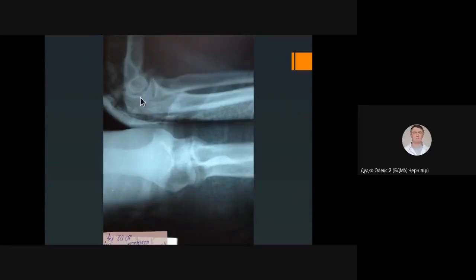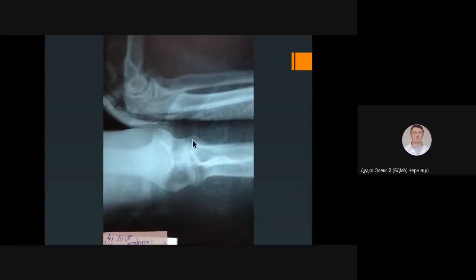So here is humeral condyle, here is olecranon. The head of radius is located on the level of the capitulum. On the straight AP view, we also can see the head of radius, the capitulum of humerus, and the olecranon.